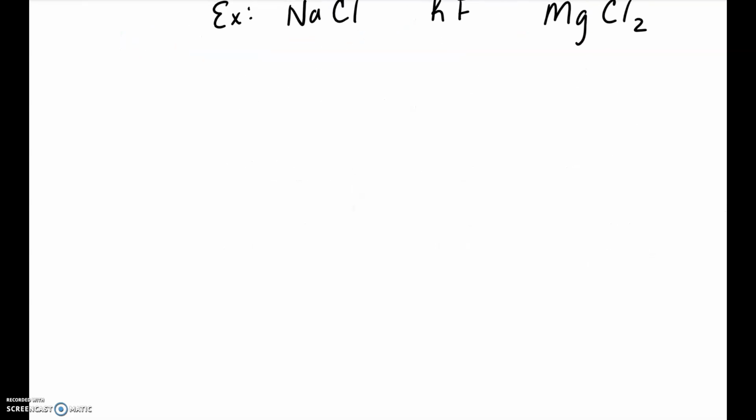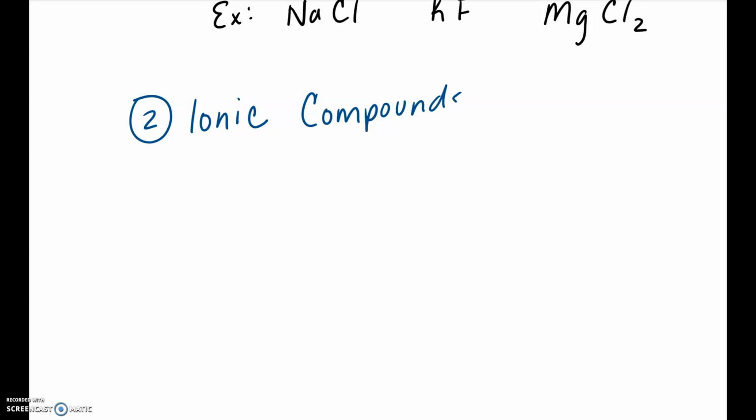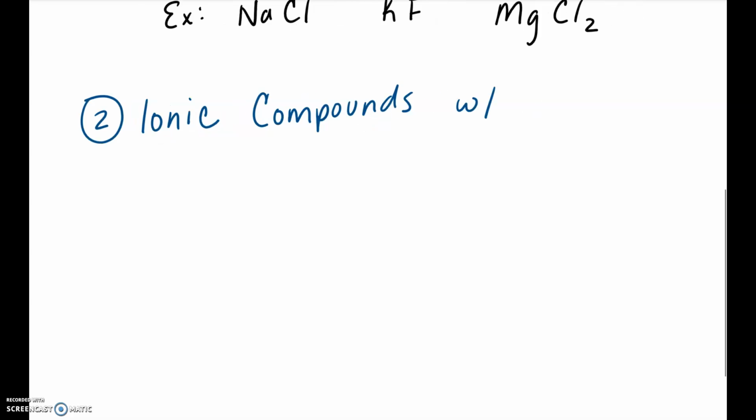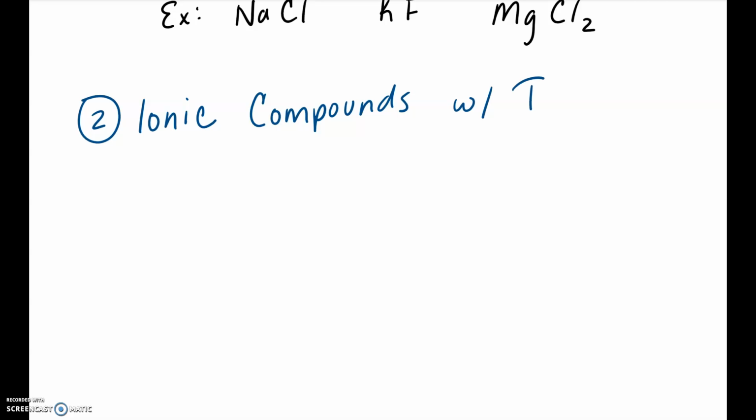The second type of ionic compounds are ionic compounds with polyatomic ions.